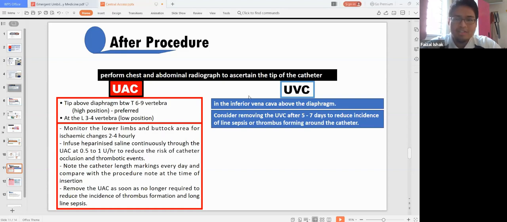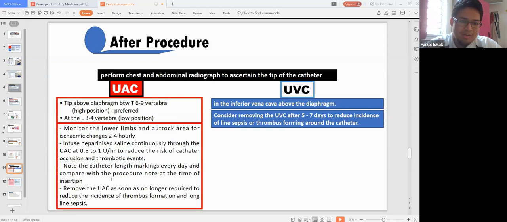For the UVC, the placement of the tip is in the inferior vena cava above the diaphragm. In the UAC, after the procedure, we need to monitor the lower limb and buttocks area for ischemic change 2-4 hourly, and infuse heparin and saline continuously to the UAC as listed here.